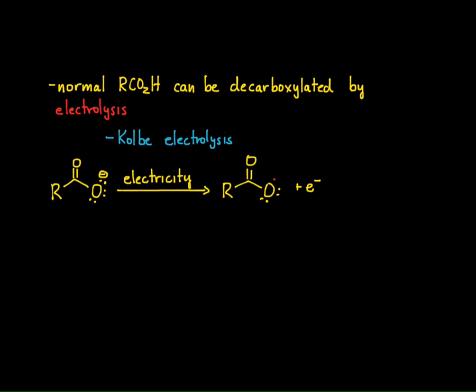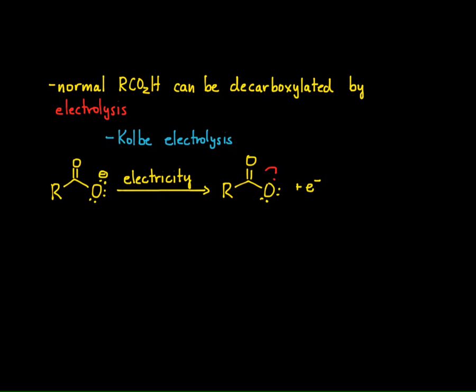So notice I now have my carboxylate as a neutral radical species, and I showed one of the electrons, that one lone electron, as a red dot to signify that I've lost an electron there.